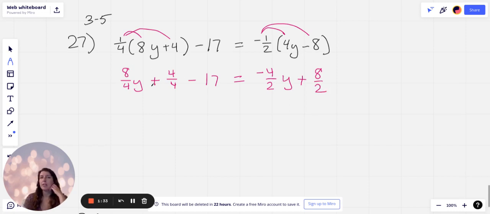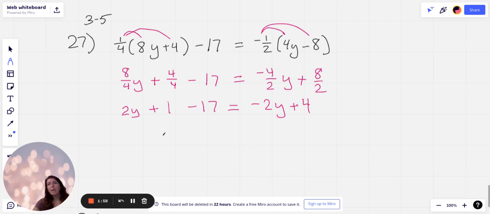Okay, so that was just simple distribution. And now I'm going to simplify these fractions. So 8 divided by 4 is 2y plus 1 minus 17 equals negative 4 divided by 2 is negative 2y plus 8 divided by 2 is going to be 4.